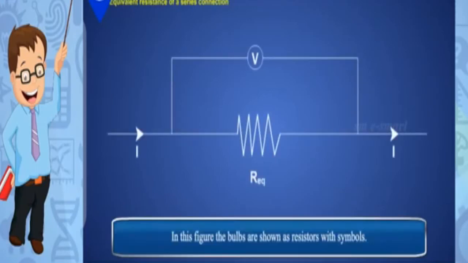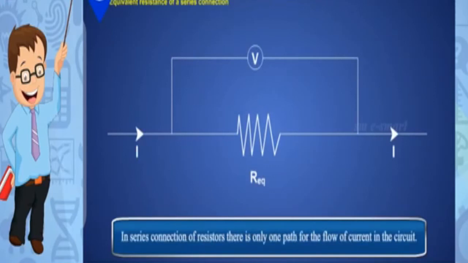Equivalent resistance of a series connection. In this figure, the bulbs are shown as resistors with symbols. In a series connection of resistors, there is only one path for the flow of current in the circuit.